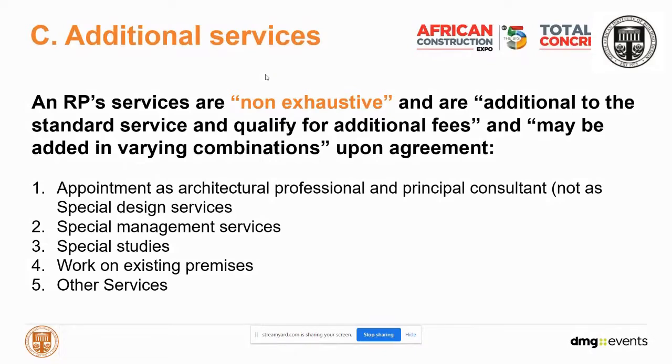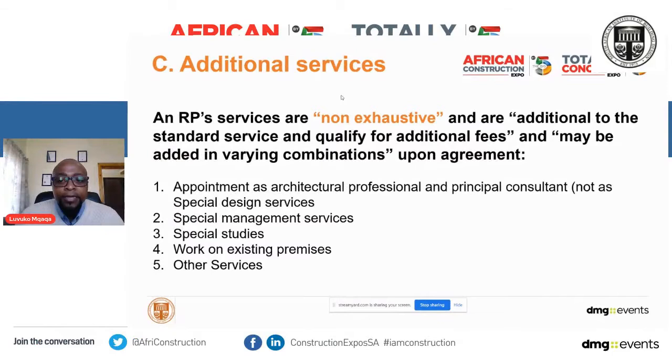Personally, I was very excited when I found out about this. You know, in the market that we're in today, there's a lot of competition, and there's a perspective that there's not enough work to go around. But as it says here, the services of an architectural professional are non-exhaustive.